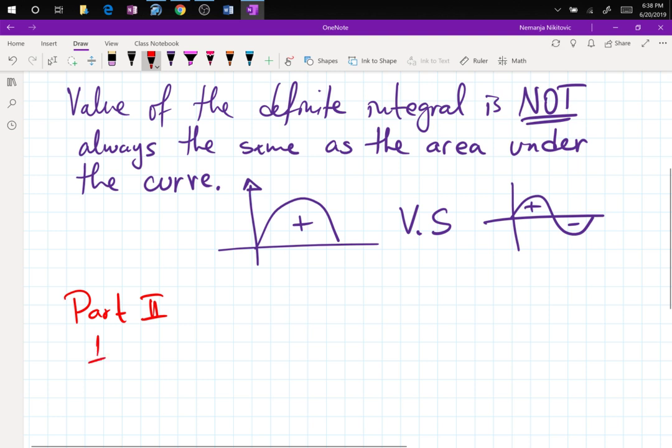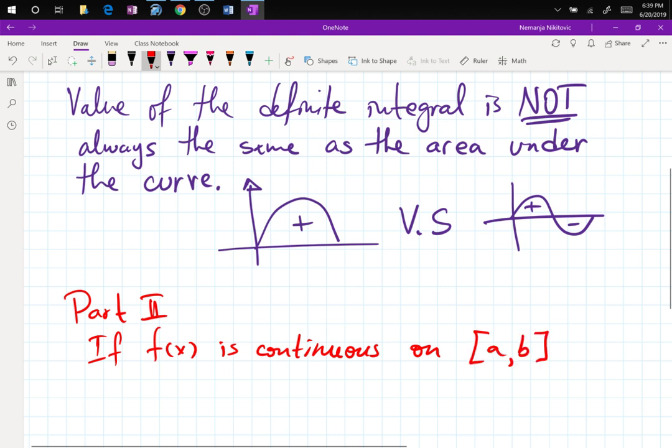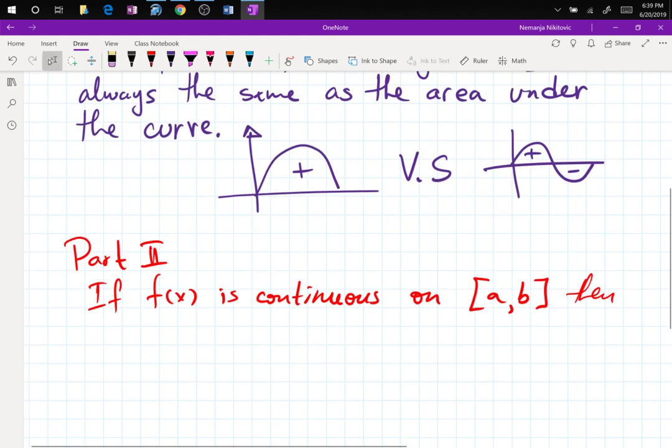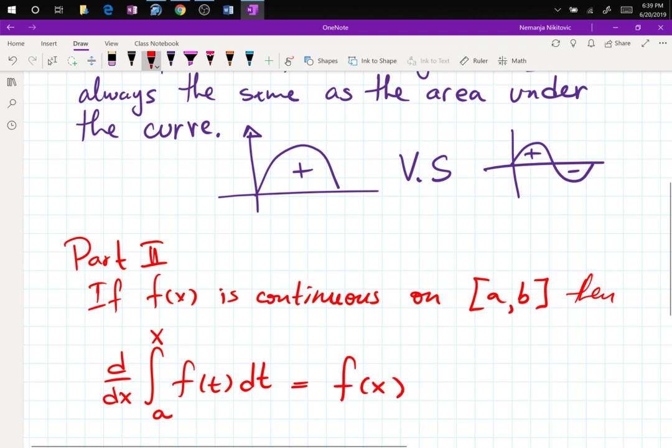If f of x is continuous on the closed interval a and b, you need to close the interval because a and b are the endpoints of integration, so you must have them. Then we have the derivative of the integral from a to x of f of t dt is equal to f of x.